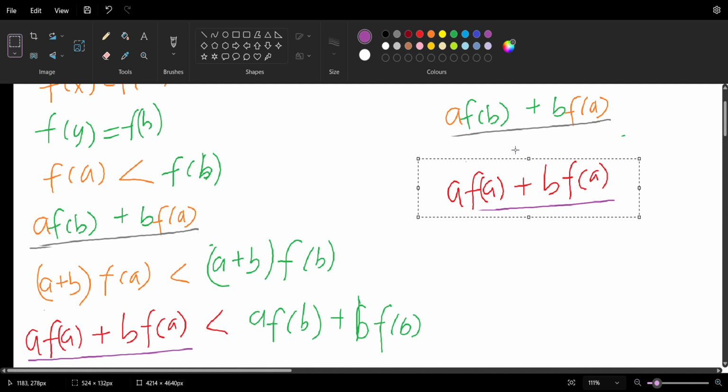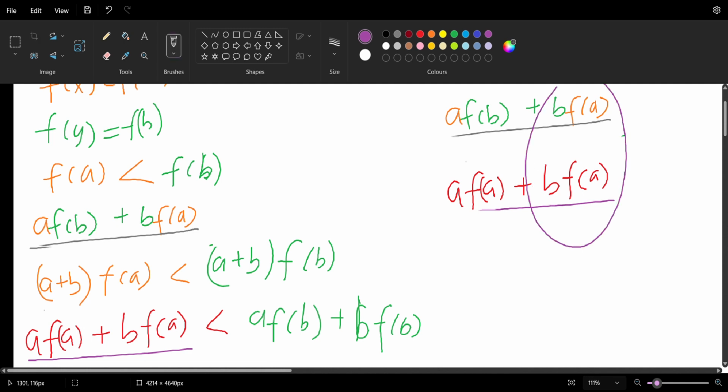If you are comparing the left hand side to the upper gray line, we can see this section here is equal. So this is the only part we compare, this place here.